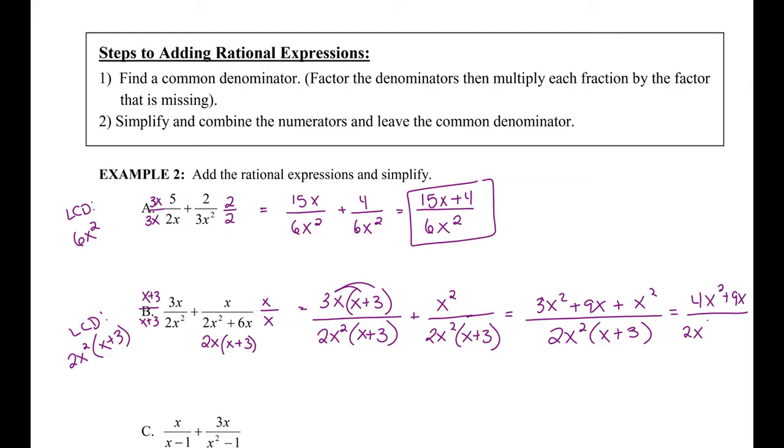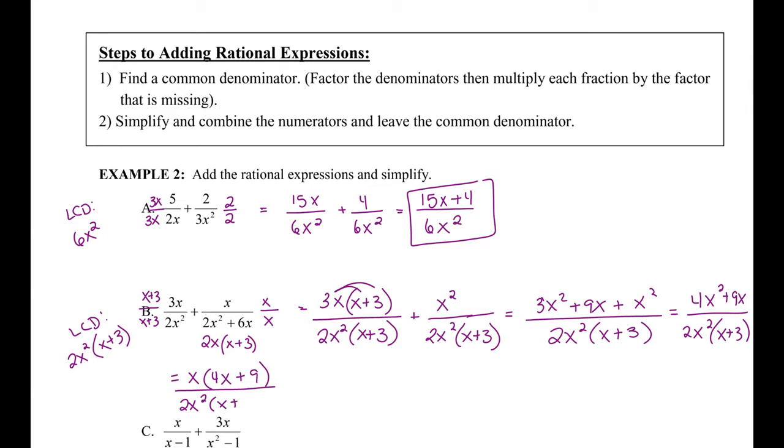You want to make sure before you decide it's your final answer that you can't simplify it any further. So for example, in the numerator, I can simplify this again by pulling out a greatest common factor of x. So I have x times 4x plus 9 over my least common denominator.